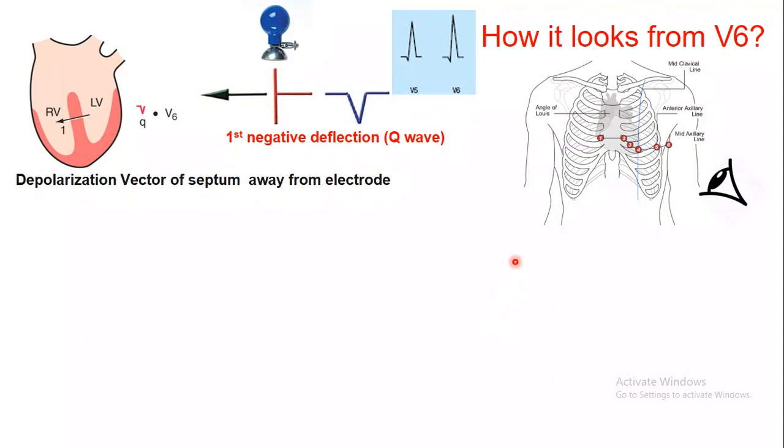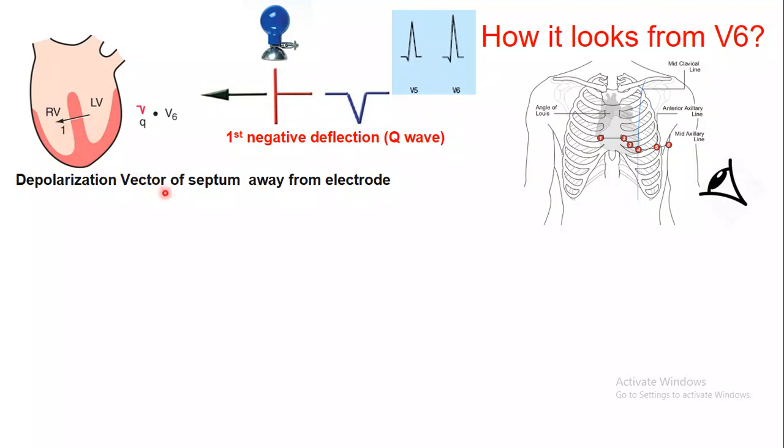So how does the recorded QRS complex look at V6? V6, as we just said, lies here in the fifth intercostal space at the mid axillary line. So we are looking at the electrical activity of the heart from this side. The depolarization of ventricle takes 3 phases. The first phase is depolarization of the interventricular septum, which takes place from the left side towards the right side.